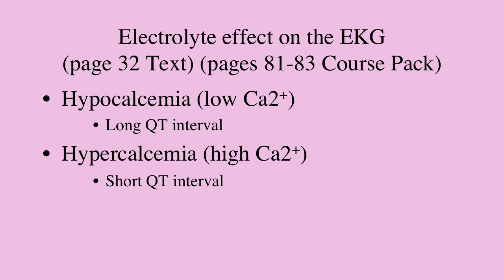And then if somebody has hypercalcemia, too much calcium, high calcium, they get, again, that opposite effect of a short QT interval. And this is a case on page 83 in the course pack where somebody has what's called Ewing's sarcoma. This is a type of bone cancer, and in this case, calcium is leaking out of the bones into the bloodstream and leading to a hypercalcemic situation, a lot of calcium.